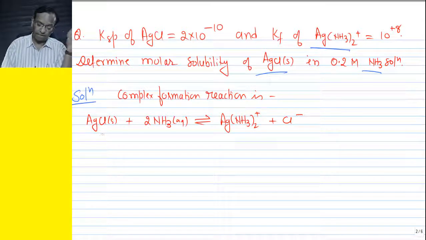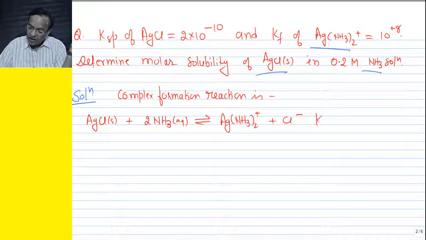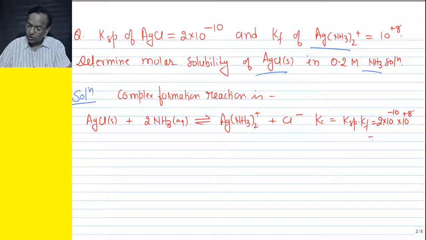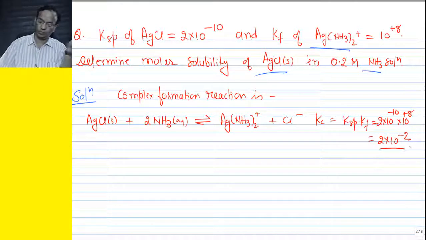So the Kc here we have just derived will be Ksp into Kf, whose value will be 2 into 10 raised to the power minus 10 into 10 raised to the power plus 8. So it is 2 into 10 raised to the power minus 2.